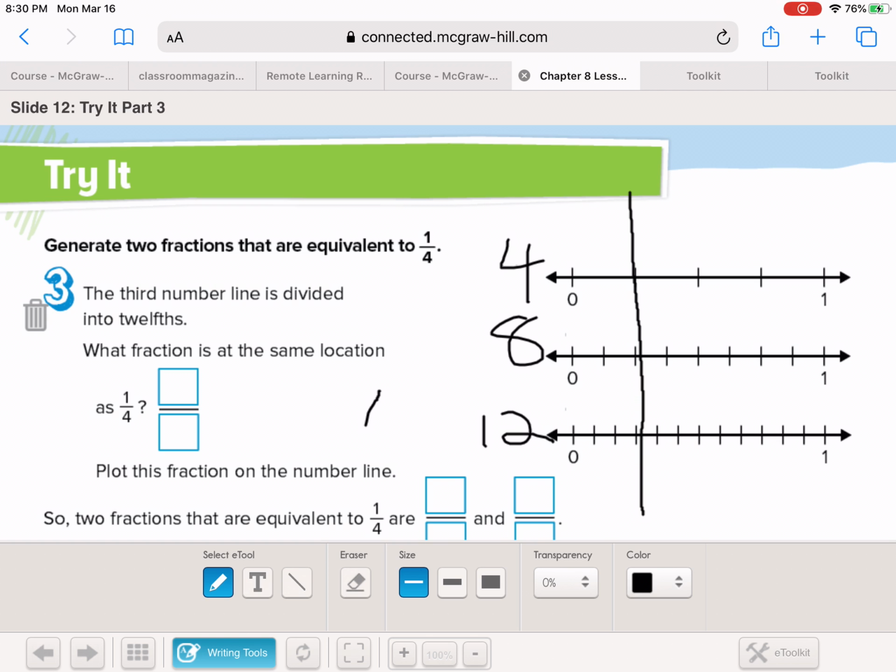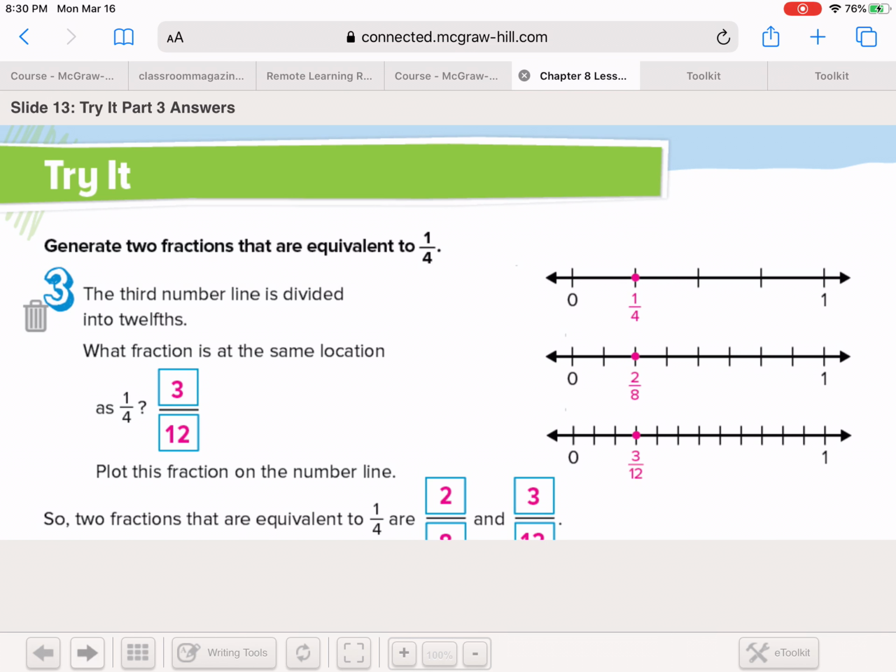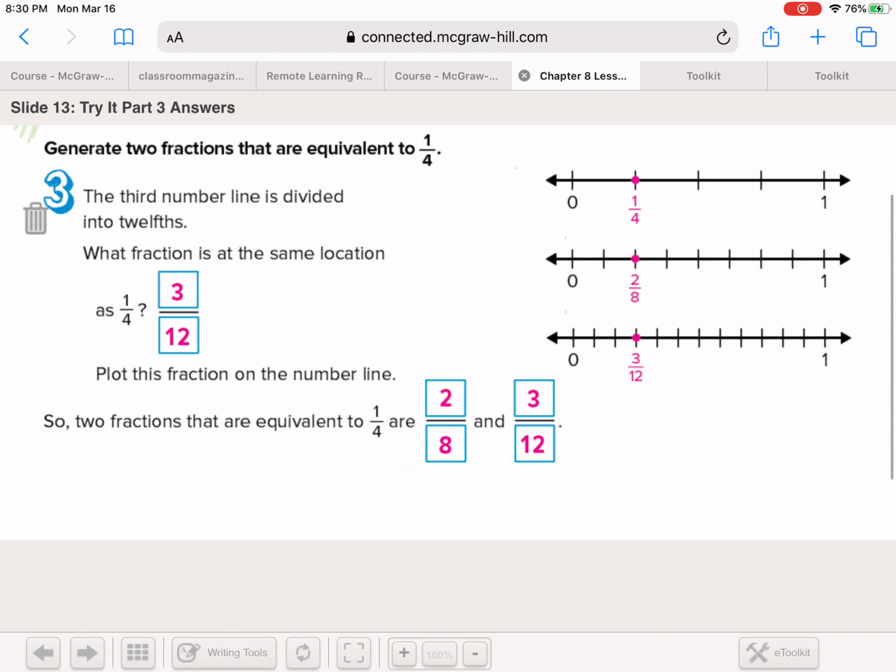So we've got 1/4, 2/8, and count with me. 0/12, 1/12, 2/12, 3/12. Okay. There we go. So those are all equal.